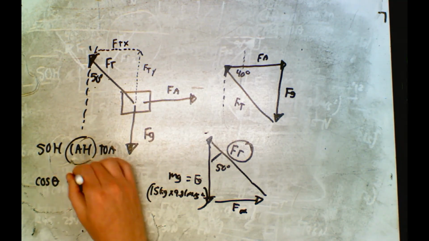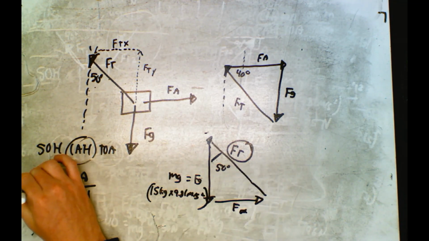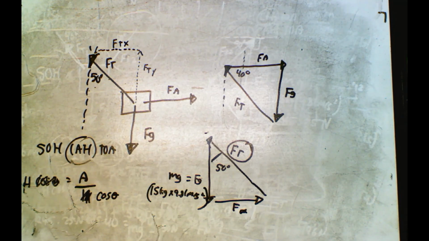So cos theta equals adjacent over hypotenuse. And this time we're trying to find hypotenuse. So I'd move hypotenuse up and cos theta down below. So my adjacent side is 15 times 9.81, and then cos 50 degrees.